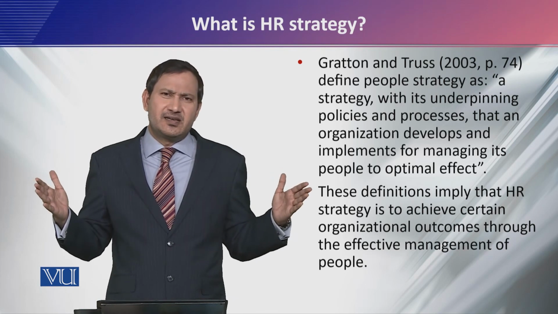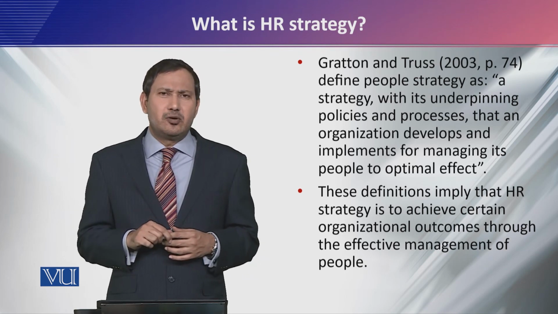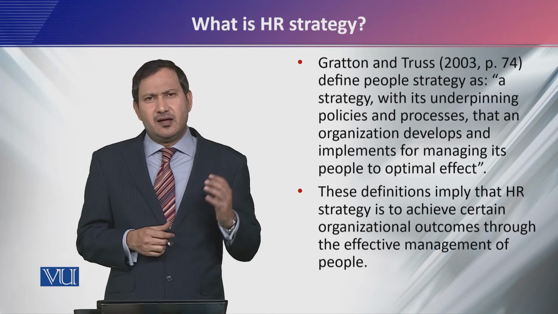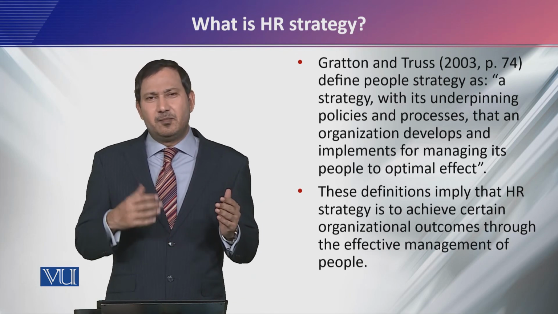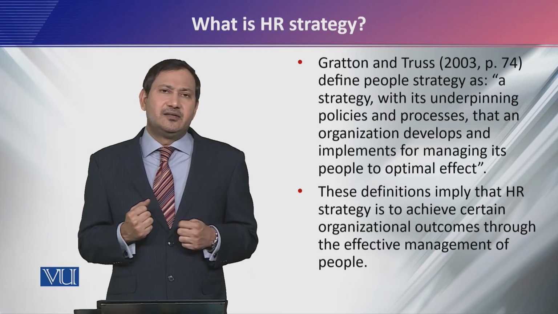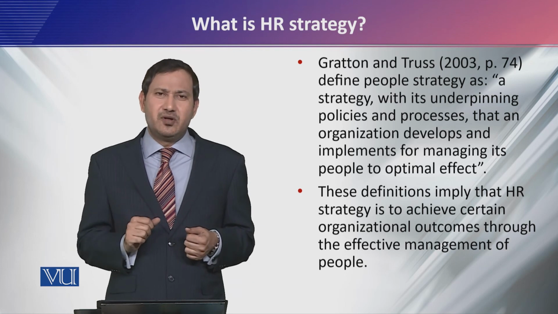In a broader perspective, there can be many outcomes. But when we look at these outcomes in a narrow sense, that is the performance of the organization: how organizations manage their human resources to achieve the outcomes. We call that HR strategy or human resources strategy.